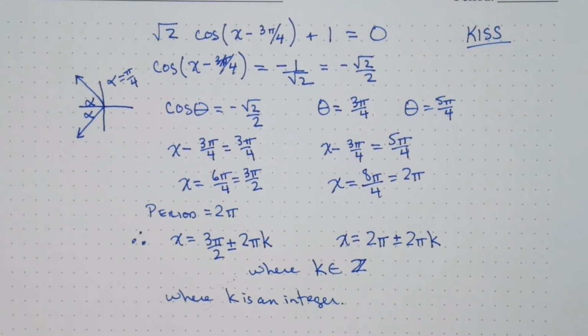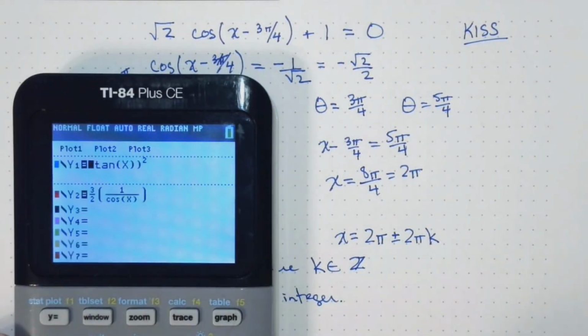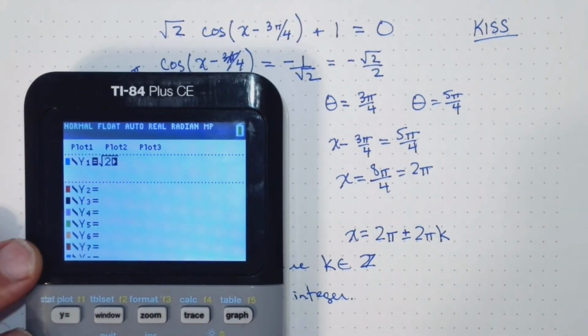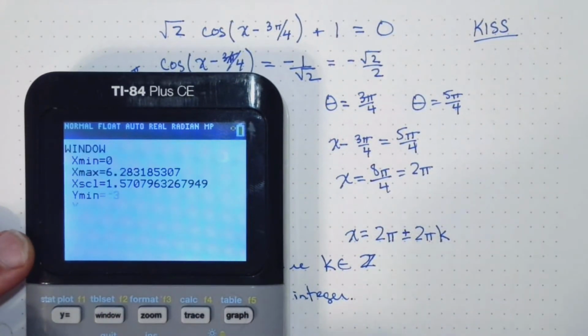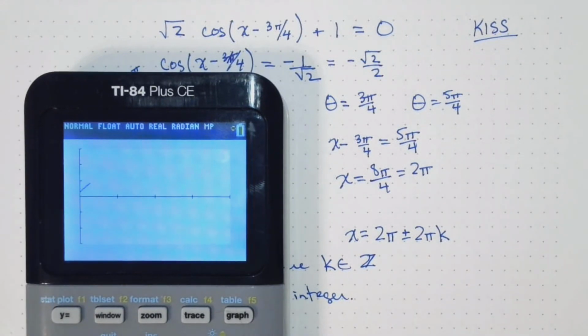If I wanted to look at this graphically and verify my solution, I come over to y equals. I've got the square root of 2 times cosine of x minus 3 pi over 4, plus 1, and I want to find when I'm equal to 0. My window is from 0 to 2 pi, with pi over 2 for each tick mark. I'll just look from negative 3 to 3 on the y-axis.